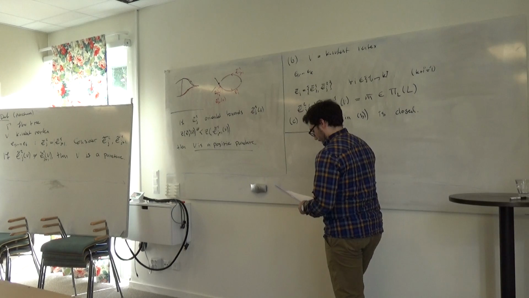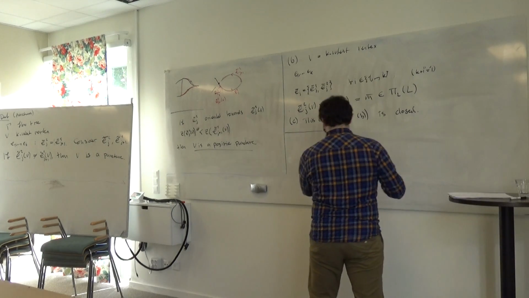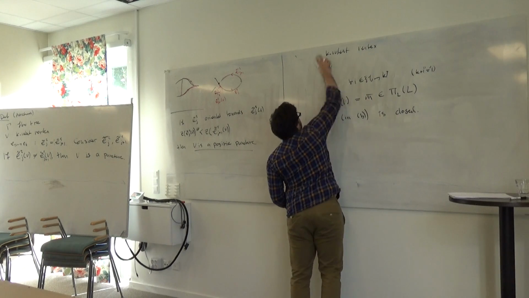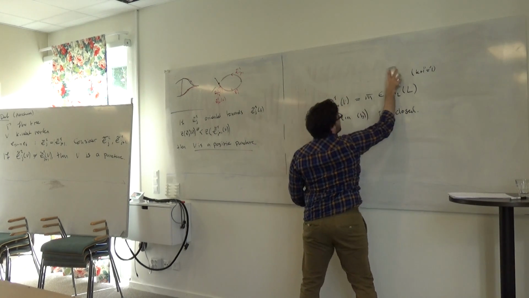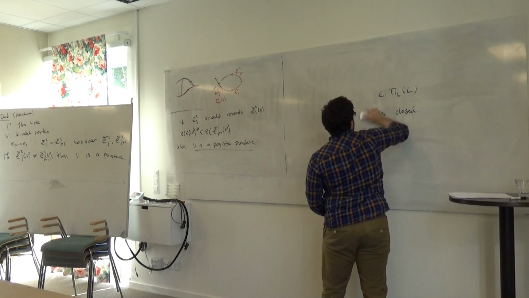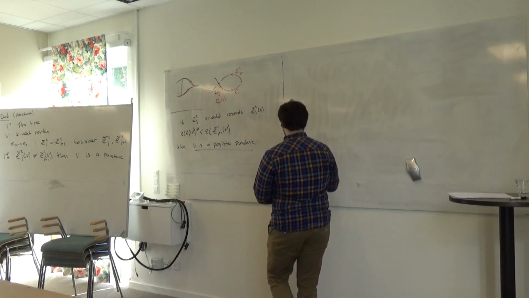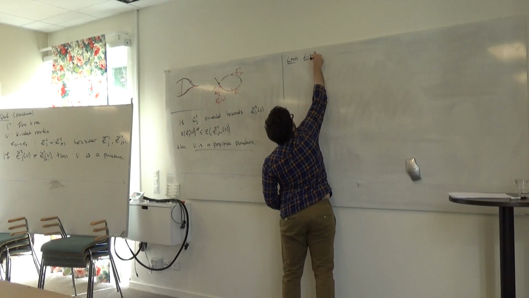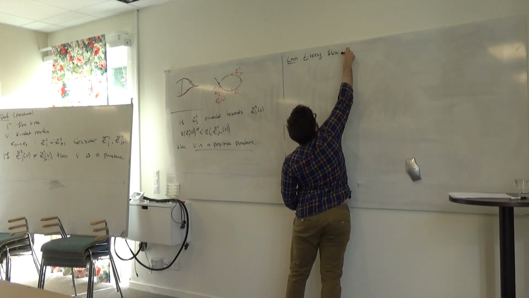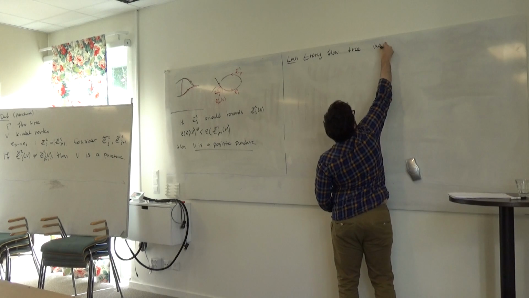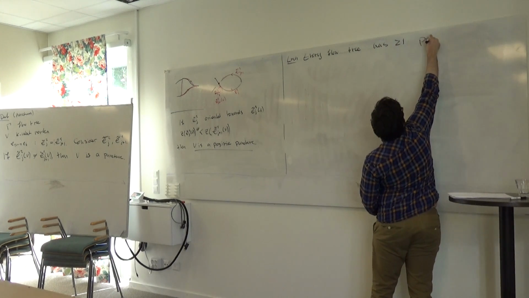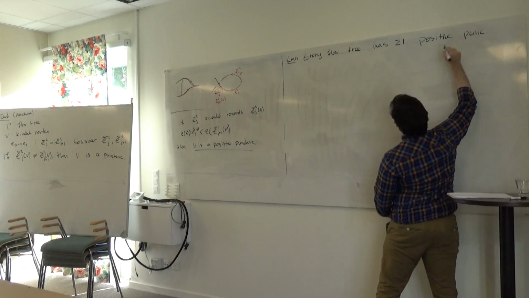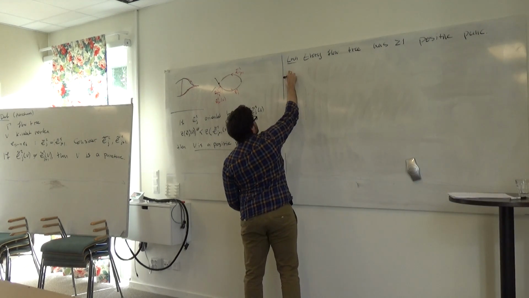So also like in the case with disks, every tree has at least one positive puncture. And the proof is more or less the same.